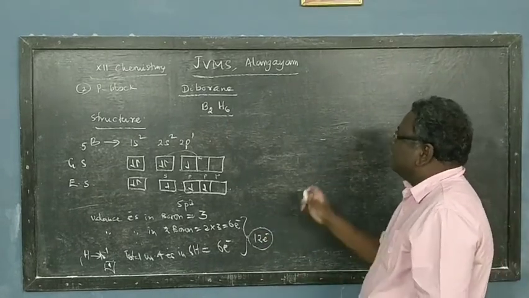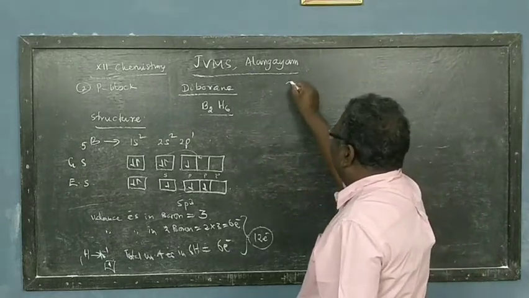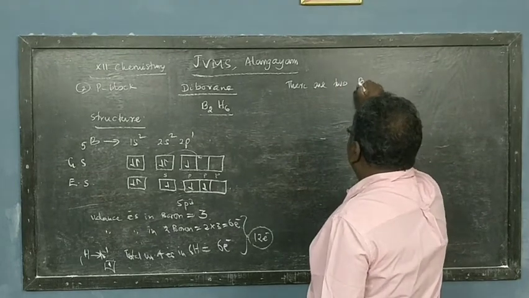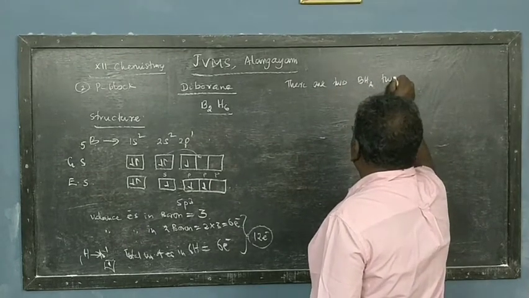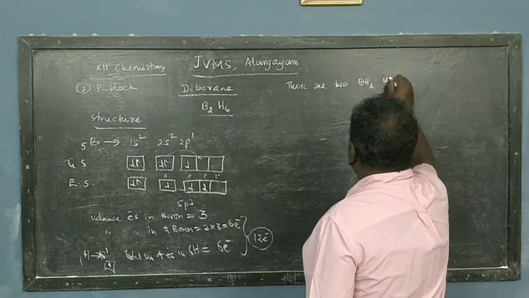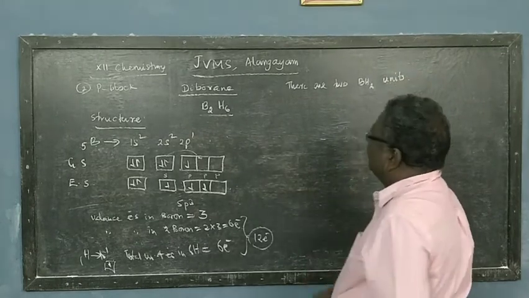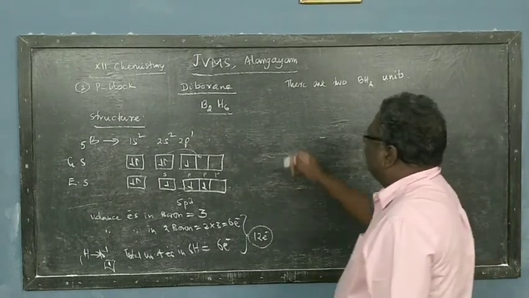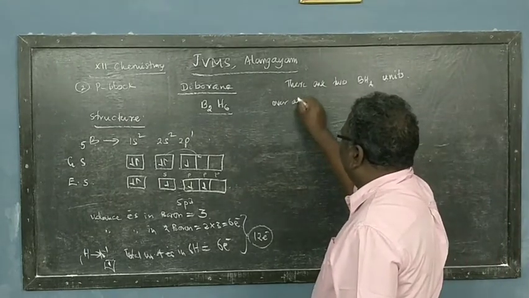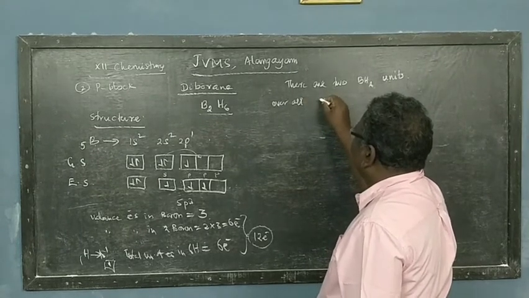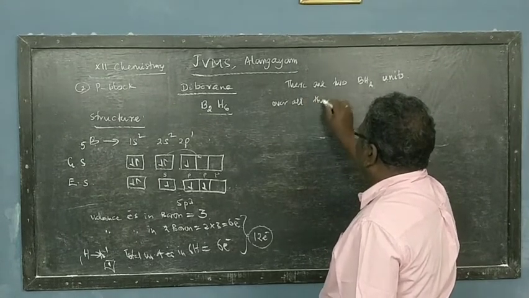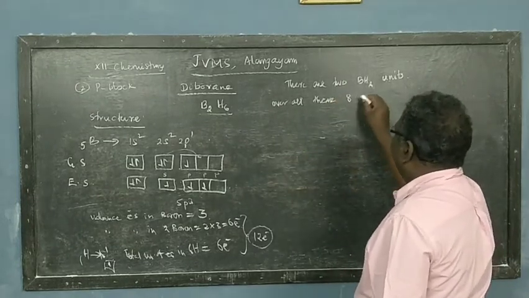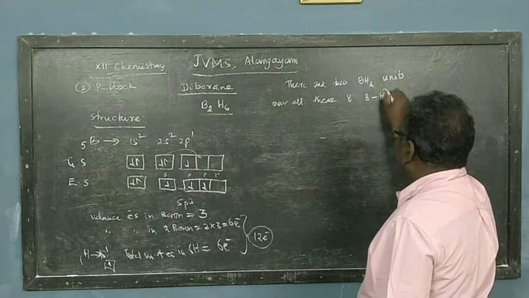In the structure of diborane, there are 2 BH2 units. So overall, there are 8 BH bonds.